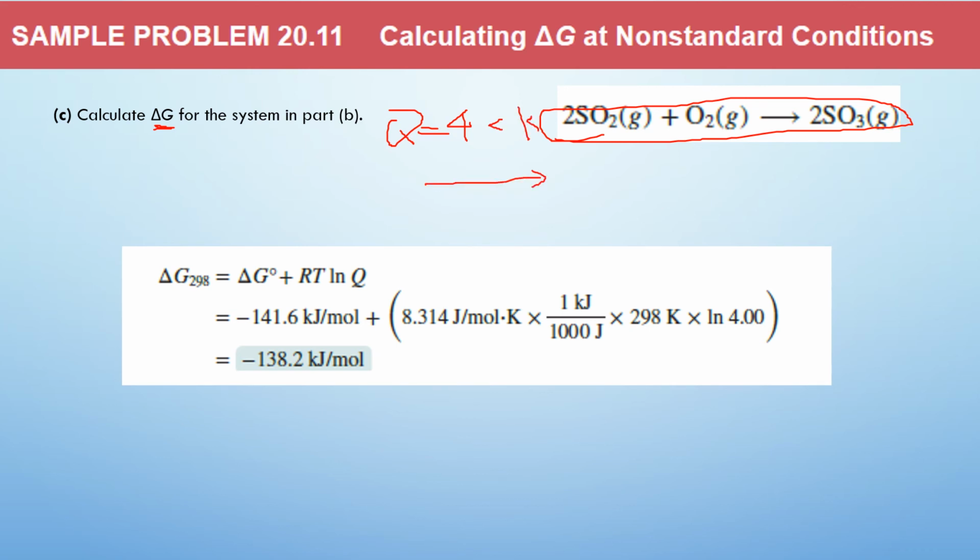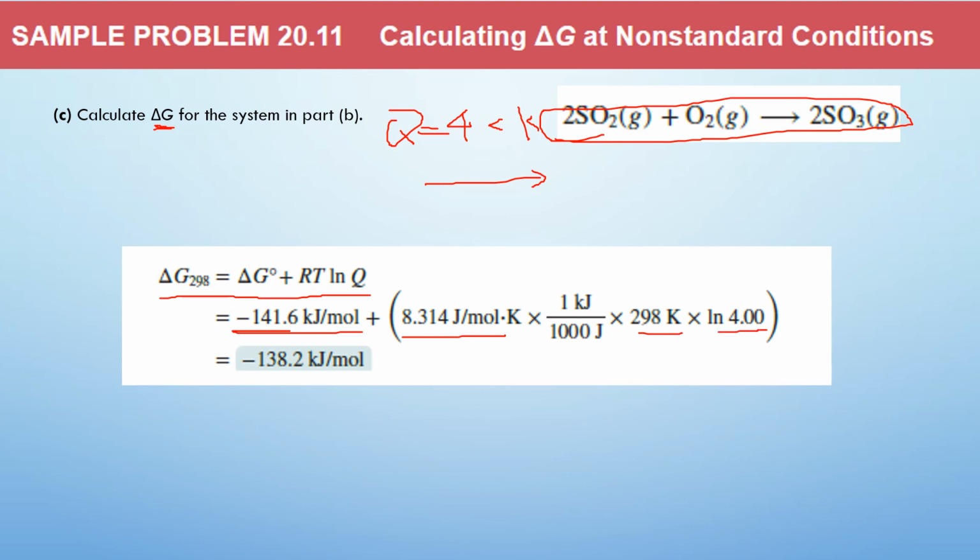So in problem C, we want to know what delta G corresponds to a value of Q equal to 4. We apply this equation directly. Delta G naught is given in part 1, and for RT natural log Q, we know R, we know T, and Q equal to 4, which we calculated in part B.